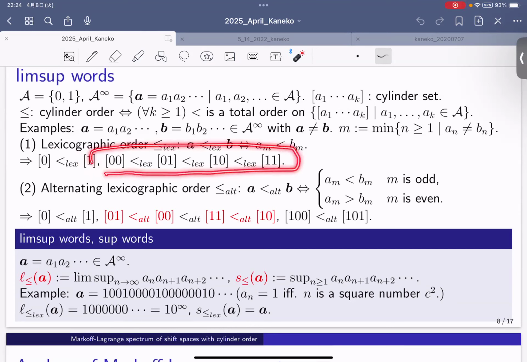And it's easily seen that the subword is A itself, because you know that the subword comes from this 1, but here the gap is the smallest at this point. So the gap is 2, and the gap is 4, and the gap is maybe 6. So the gap is strictly increasing. This is the smallest gap. So the subword is A itself.